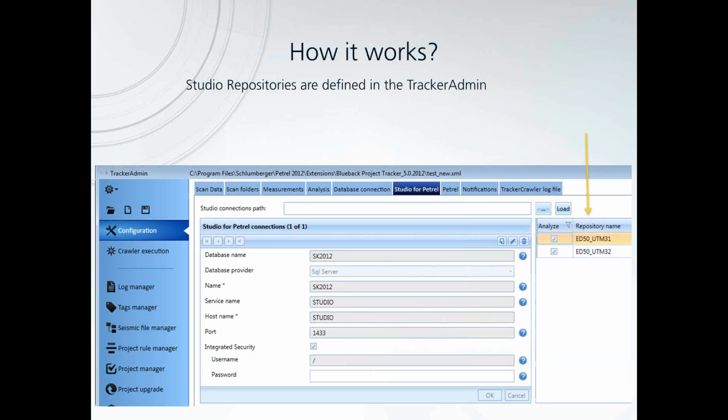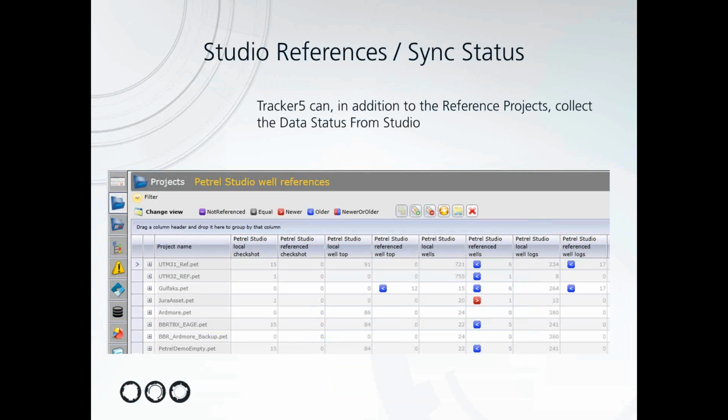How does this work? Well, in your tracker admin tool, you'll find a new tab called Studio for Petrel. In there you can specify a Studio connection, and then it should pick up the different repositories that belong to a specific connection, and you can choose whether or not to include them in the analysis. Then, as I mentioned before, once it scans, it'll also check the data sync status between the reference projects and the working projects, and Studio and the working projects.